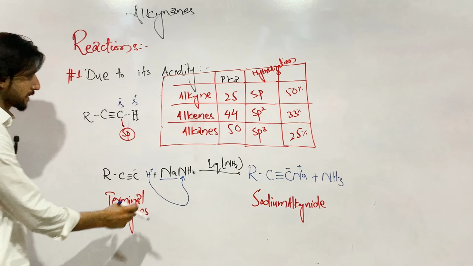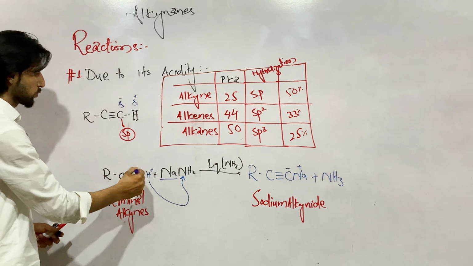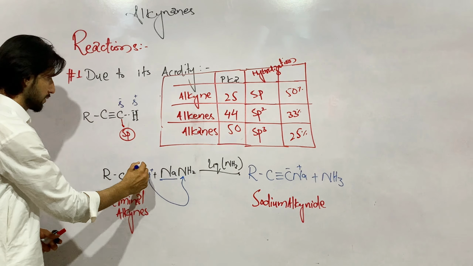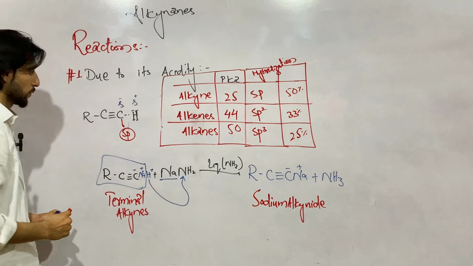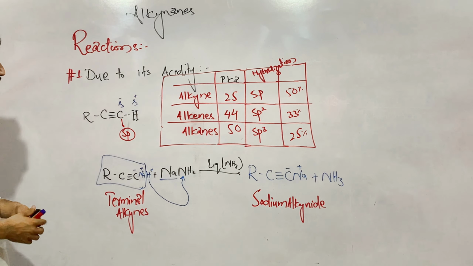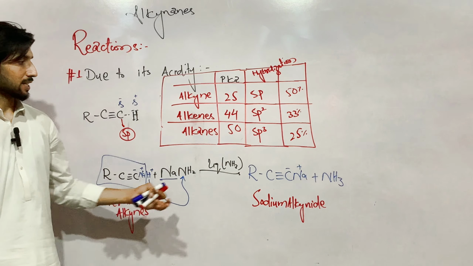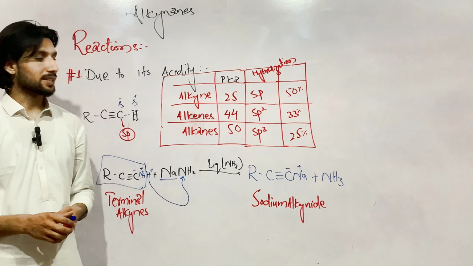So the NH2 minus takes up this proton and converts into ammonia, and the sodium gets attached over here, and we get an ionic compound like sodium alkanide. If it was acetylene, we would call it sodium acetylide.